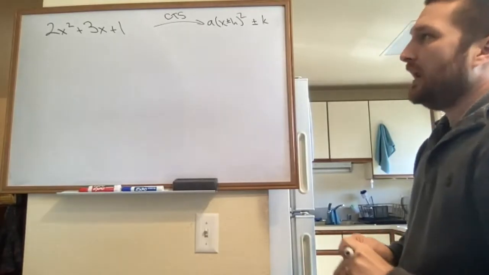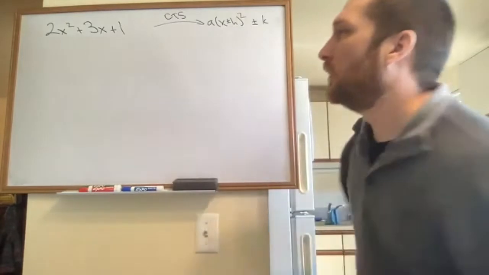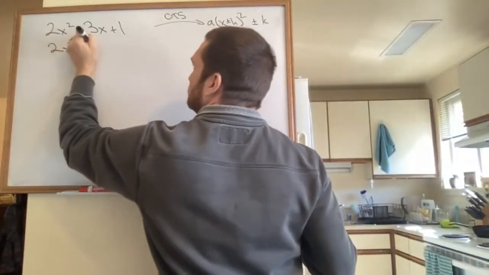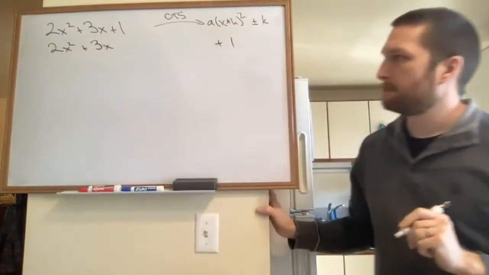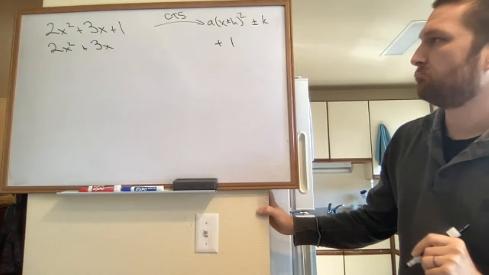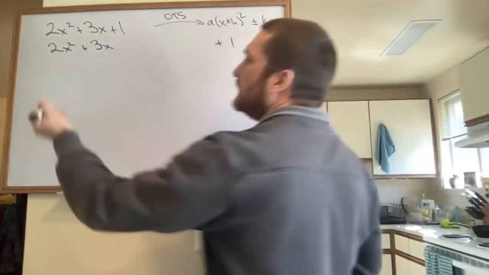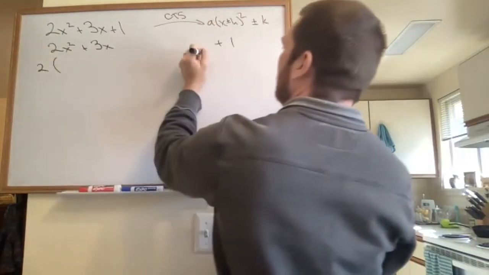So how is this going to look? Well, step one, if you remember, was to rewrite it like this. Step two was factor out the leading coefficient. So that brings a 2 out front.